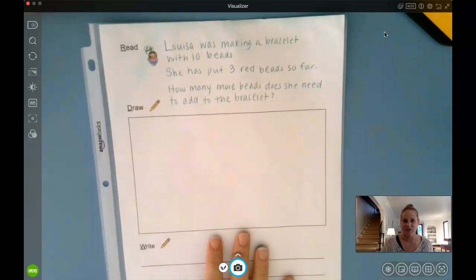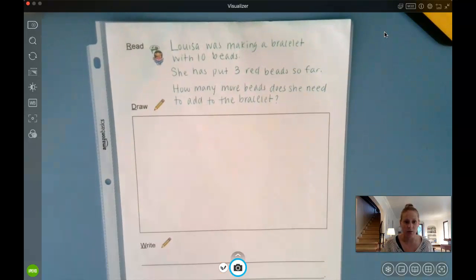Okay, friends, let's look really closely at our problem and talk about that image we got in our minds. Who can raise their hand and tell me, how many beads did Louisa want to put on her whole bracelet? Good, she wanted to put 10.